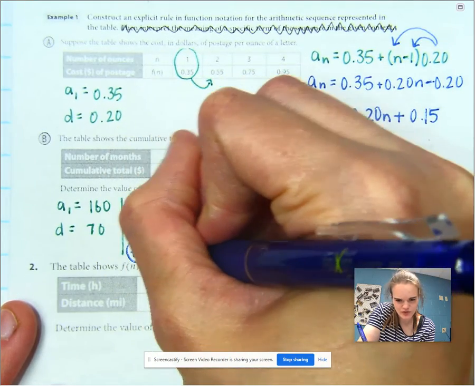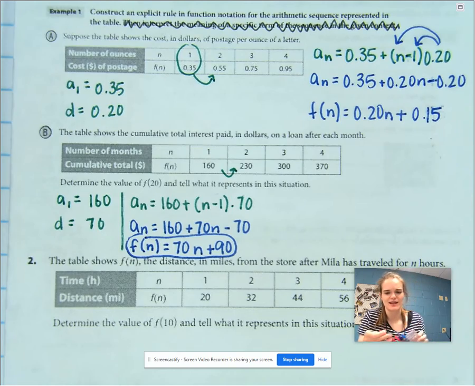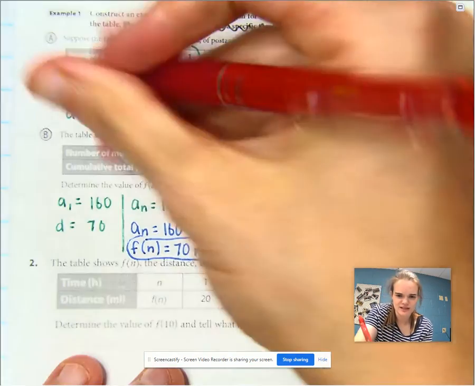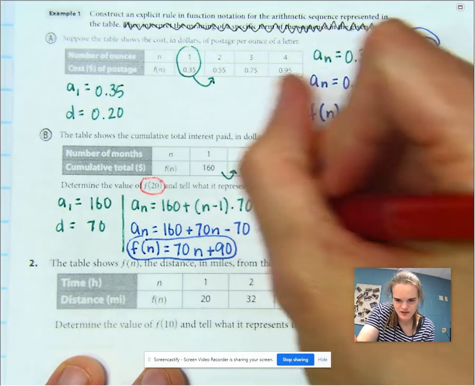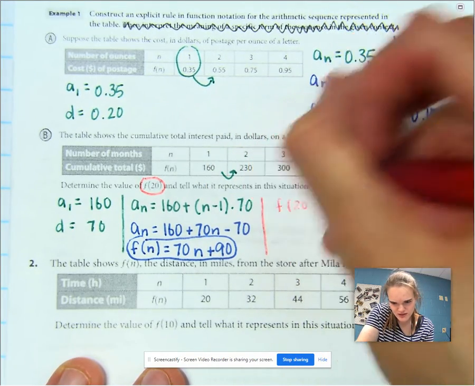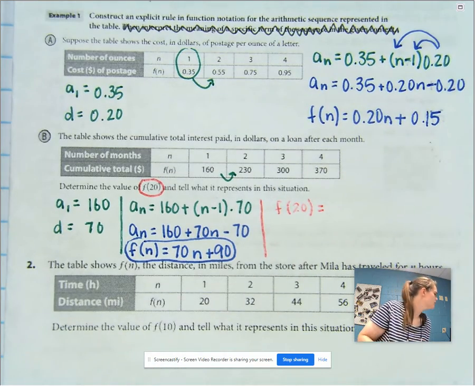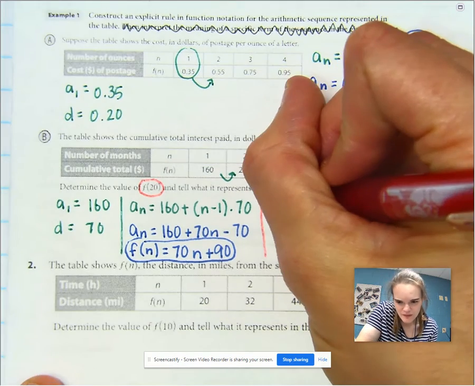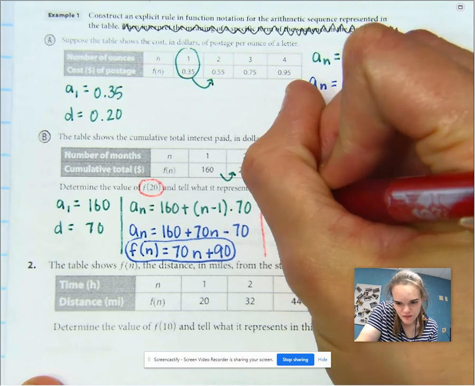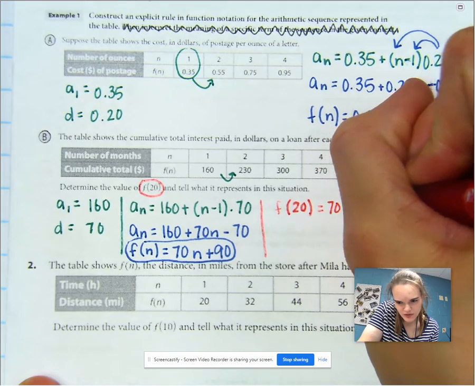This is part of the answer. The other part is going back and plugging in 20, and that came from here. So f of 20 equals 70 times 20 plus 90.